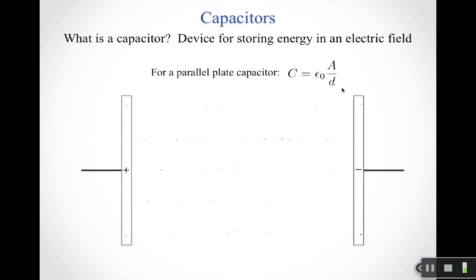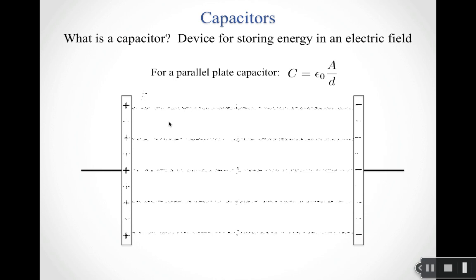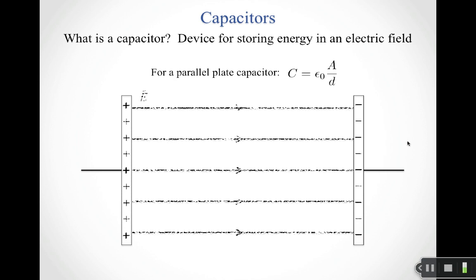Then you can start bringing charges in. We know electrons are what we're really moving around in our circuit. If I bring an electron into this plate, that drives an electron out over here, leaving it positively charged. I keep building up more and more over here, and I keep driving more and more electrons away on this side. What I'm left with is a positively charged plate and a negatively charged plate, and that's going to build up an electric field.